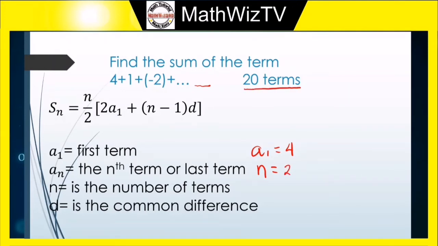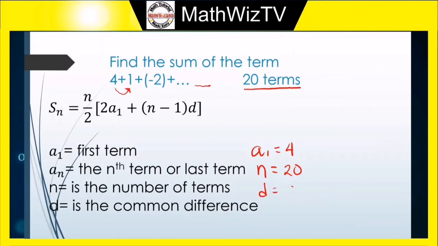So we write 20. And then we look for d. We all know that d is the common difference. And as we compute this one, if we subtract 1 minus 4, the answer is equal to negative 3.